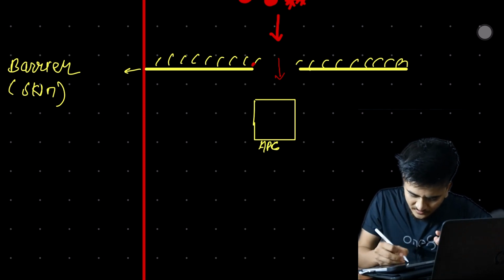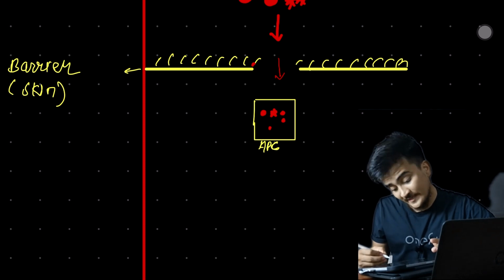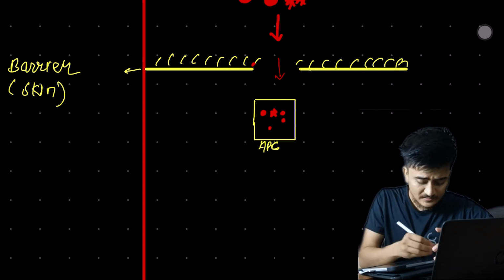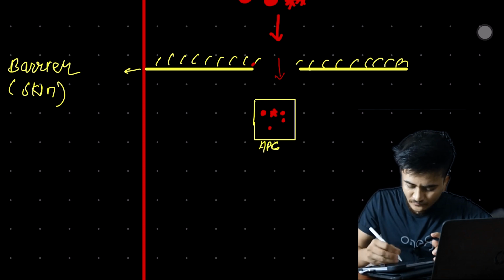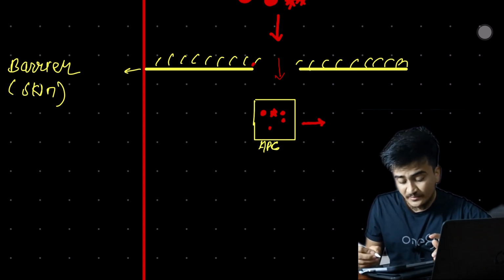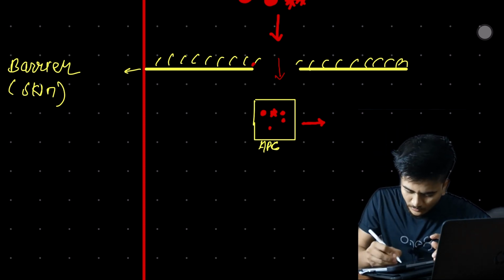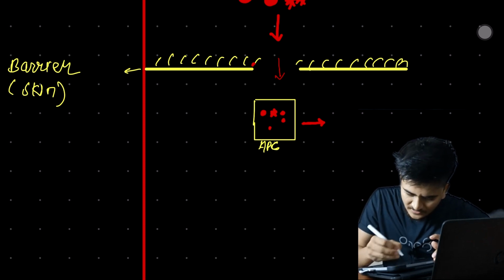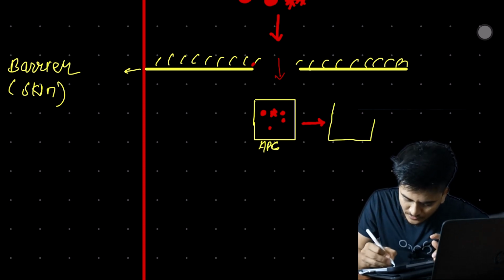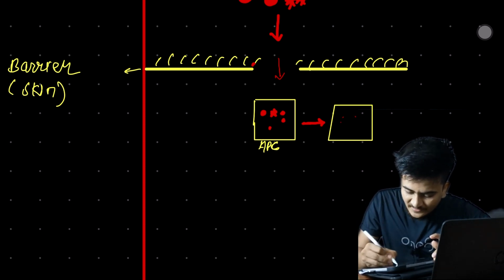As the antigen presenting cell phagocytoses these antigens, it will disintegrate them into small peptides. Now let us draw the small peptides here.